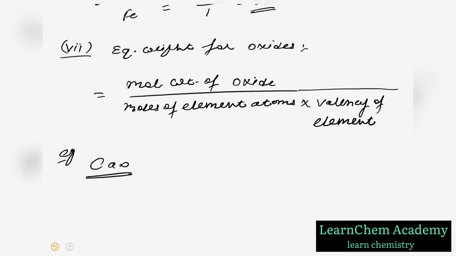If we take calcium oxide, its molecular weight is 56, calcium is 40 plus 16, and here is one element which is calcium and its valency is 2, so calcium 1 times 2, and we get 28 as the equivalent weight of calcium oxide.